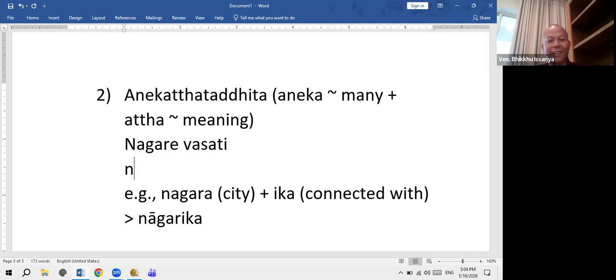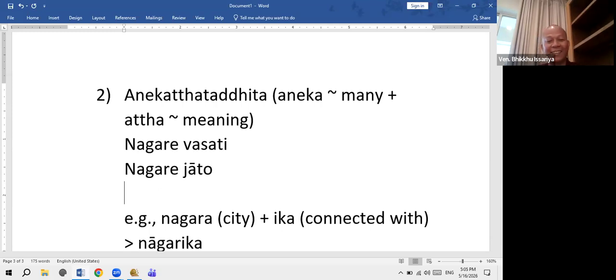Okay. And then Nagari Jado, born in the city. And also Nagari Niyoto, connected.